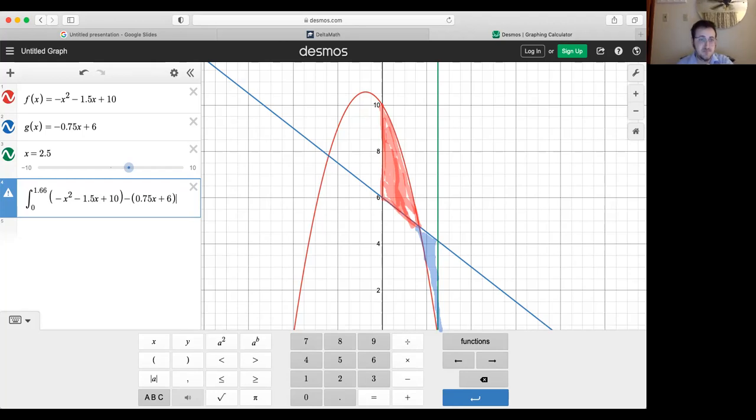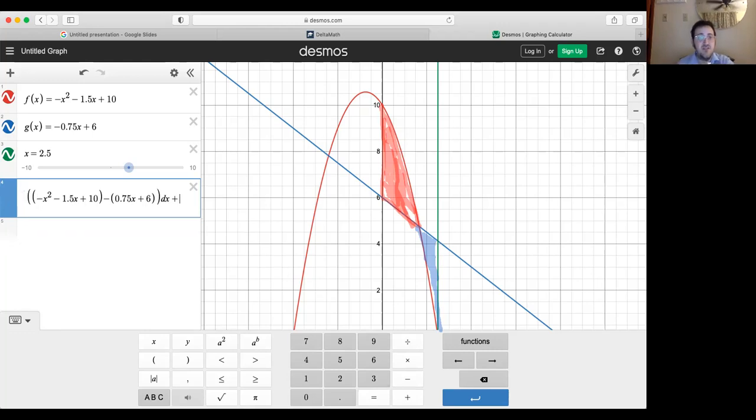Now, this is not a proper integral right now, so we need to make sure that we are putting in parentheses what we added and subtracted. And we can actually see that that piece of the area is 2.02.